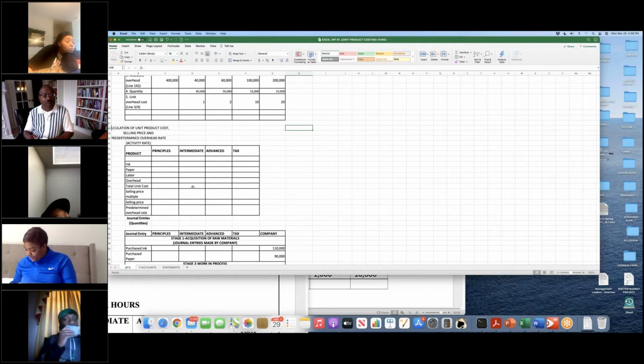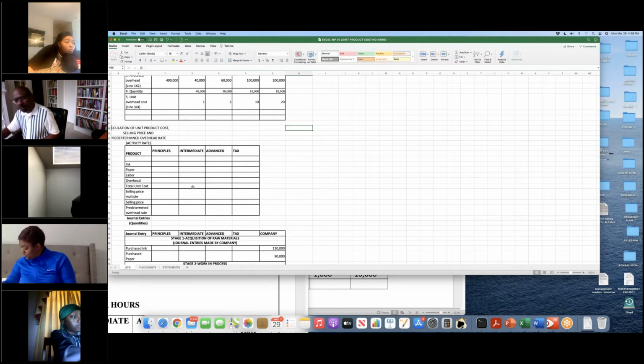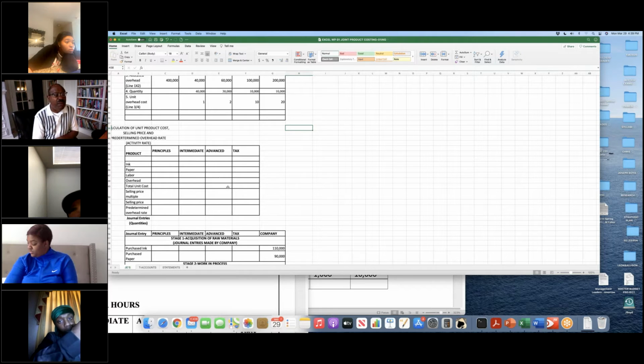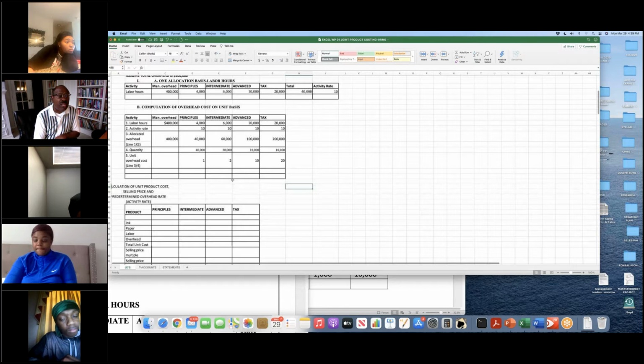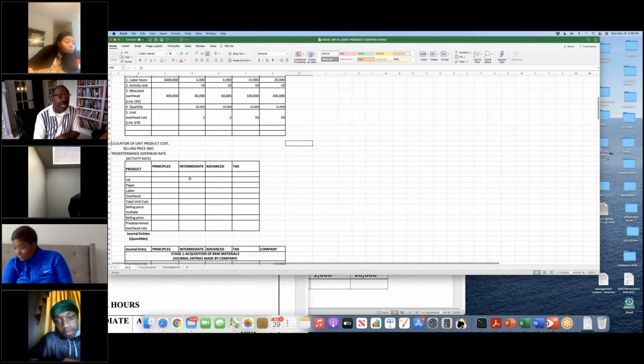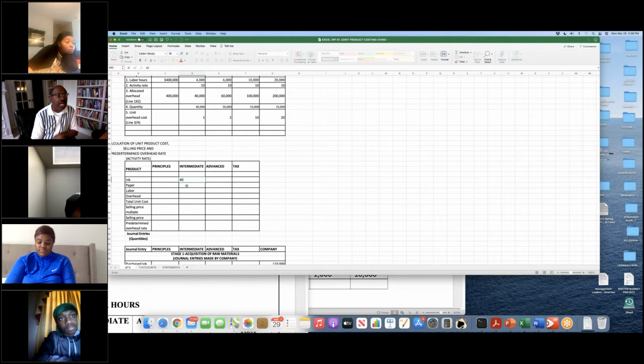Well, I have the information for intermediate. Okay, so let's look at intermediate then. So how much is the ink for intermediate? 40. How much is the paper? 20.